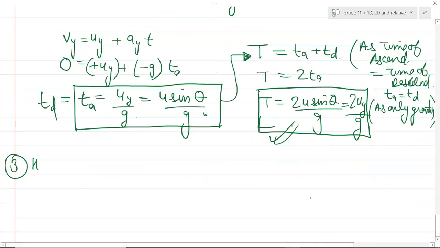Is this clear, guys? Any doubt till here? No. Okay.